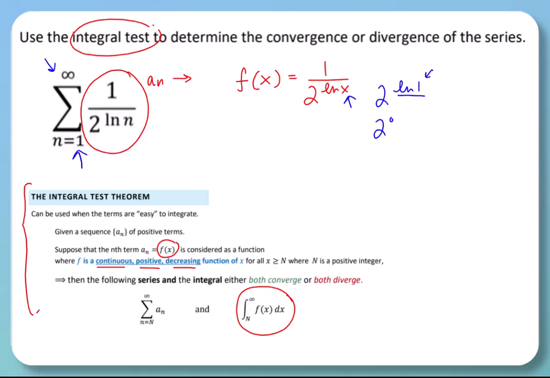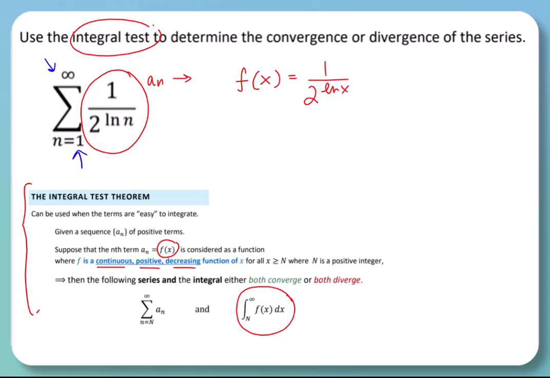All other index values of n that I plug in larger are still going to give me positive numbers. So the domain is all numbers greater than or equal to 1, because 1 is the smallest number I can plug in. So it is positive, it is continuous.